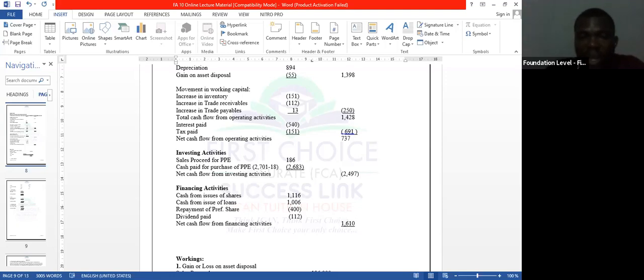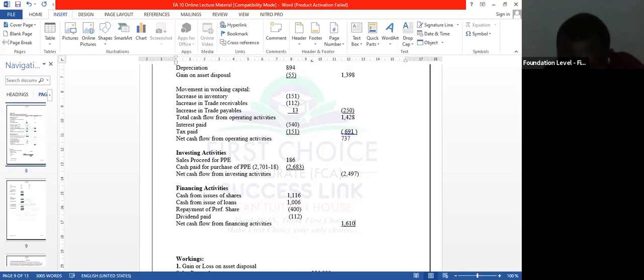So now the next thing for us is to add all these figures together. We need to add the net flow from the operating activities, the net flow from the investment activities, and the net flow from financing activities. That will give us the total net cash and cash equivalent for the year, the total amount of money. So let's add that together. That will be minus 737 minus 2,497 plus 1,610.